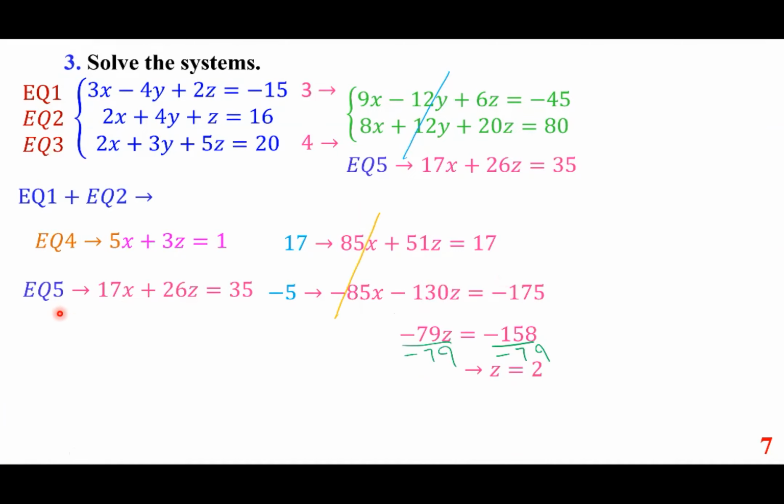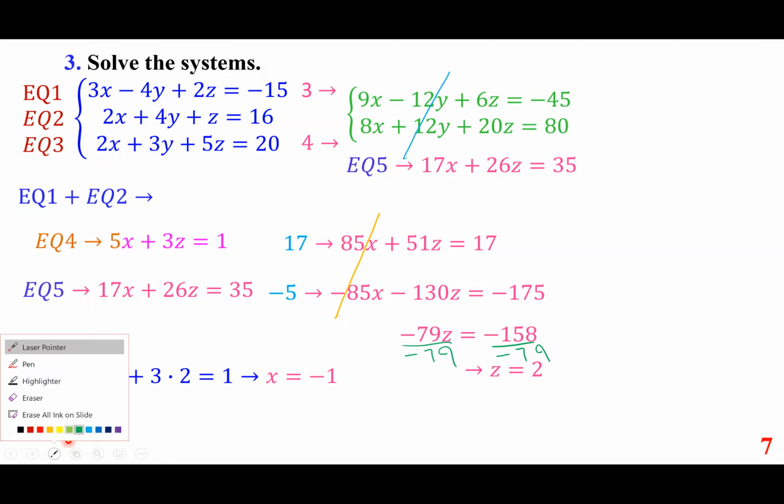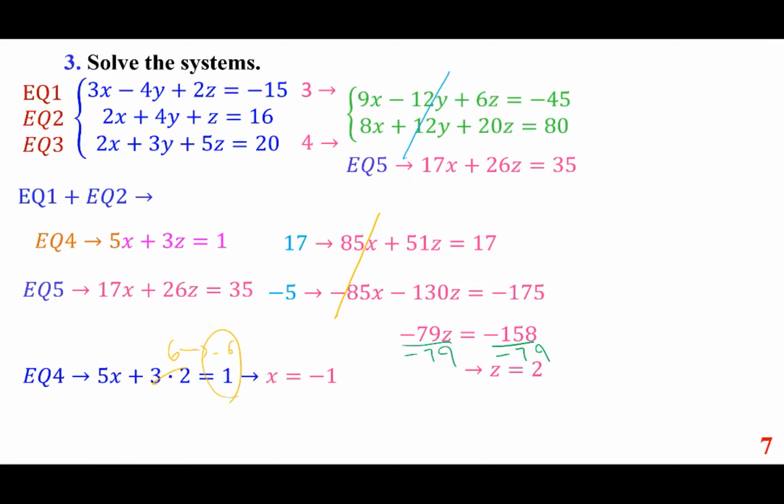Divide by -79, you get the answer 2. Now you have to go back to either equation 4 or 5 to find the x. For example, this one is 5x plus 3 times 2 equals 1. And this is 6, of course. And this gives you -5.